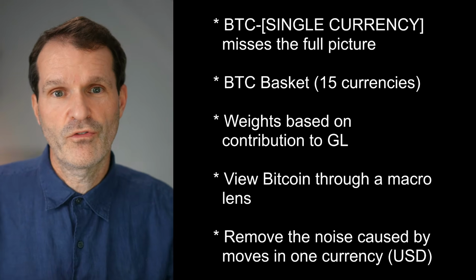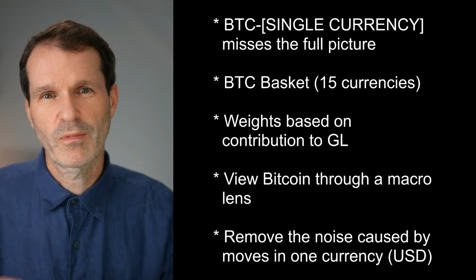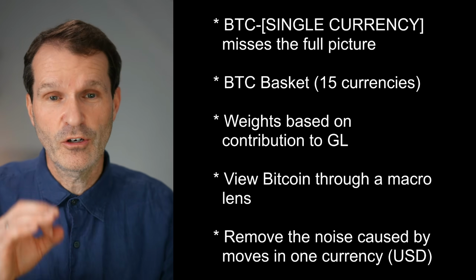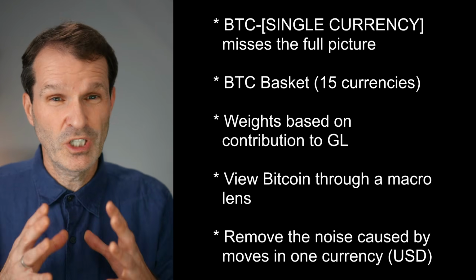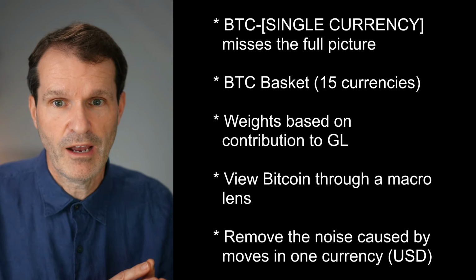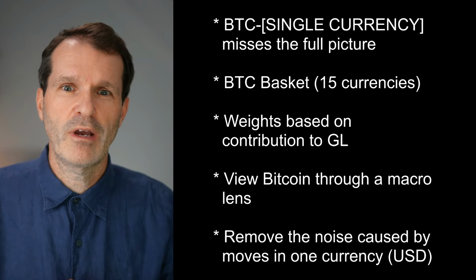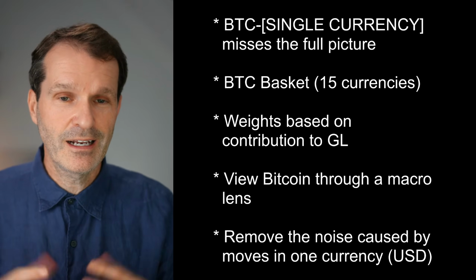I favor the version Michael Howell puts out with the GLI BB because he uses weights based on the contribution to global liquidity from each area, which is important as global liquidity has a huge impact driving Bitcoin. So with that way, we can view Bitcoin through a macro lens, and our macro lens, right, are cycles, right? So I think which gives a new perspective on a global valuation on Bitcoin.